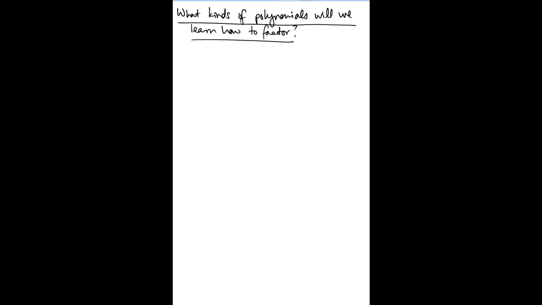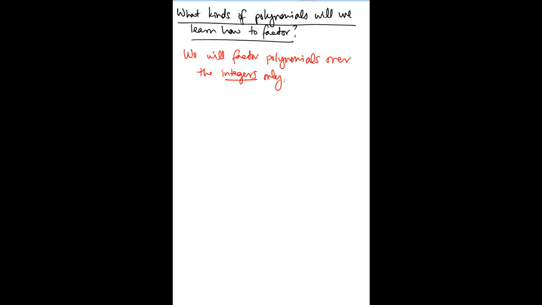Well, there are a few basic things. In this class, and in most classes that you're likely to take in the near future, we will factor polynomials over the integers only.